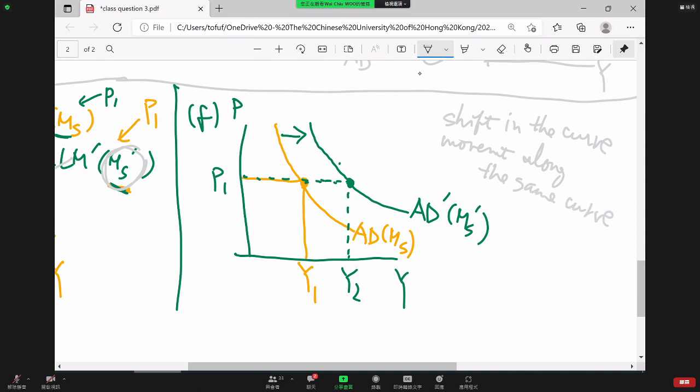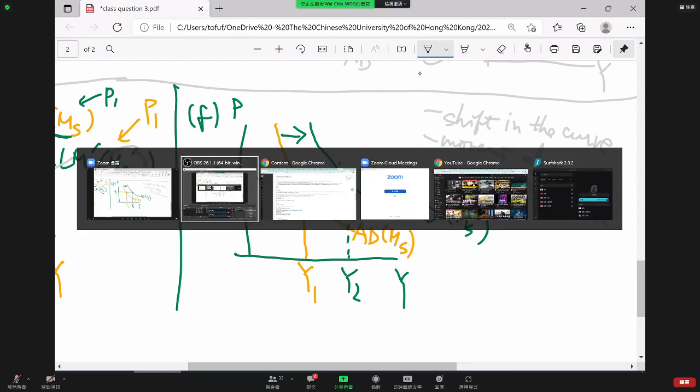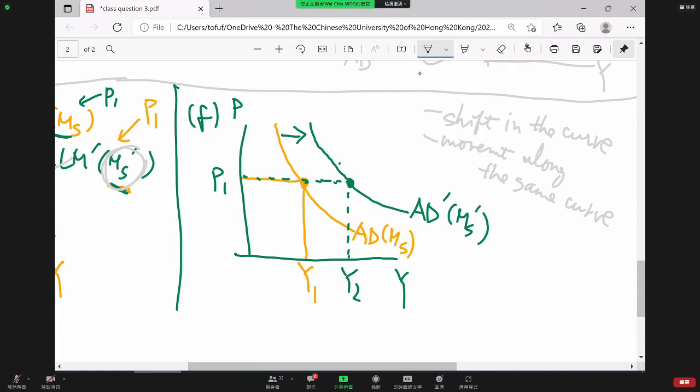As I mentioned, how to distinguish whether it is a movement along the same curve or a shift of the curve: looking at this diagram, the relationship is between P and Y. A movement along the same curve is, other things being equal, if price changes, how the output will change. So for moving along the same curve, you require the price to change.